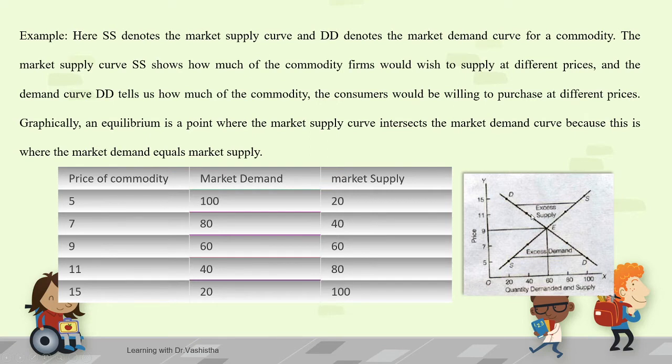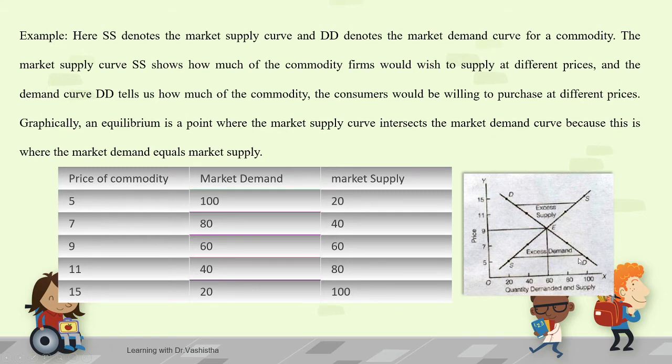So this condition is known as the excess supply condition, whereas if we go below this point of equilibrium, where the prices are going down, you can observe that in that situation market demand will increase and market supply will go down. So that would be the condition of excess demand, because demand will be more than supply.